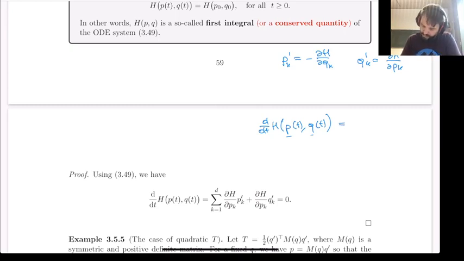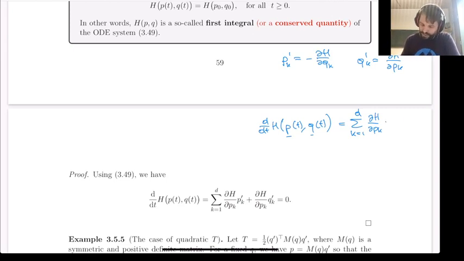over all these components, k equals 1 to d in this vector, and then we do derivative with respect to the kth component of p. That would be dH by dpk times inner derivative, which is dpk by dt, or pk dash. Let's just write pk dash.